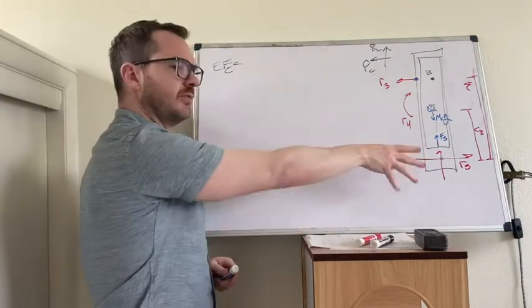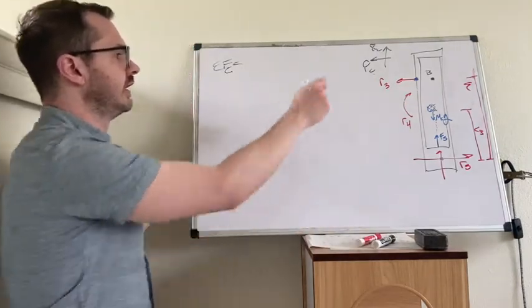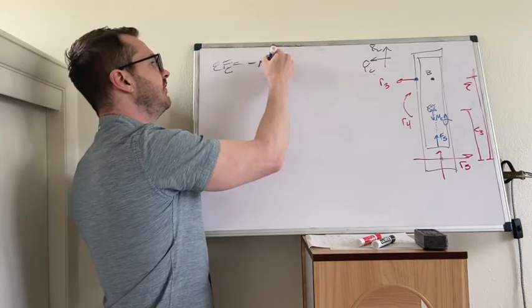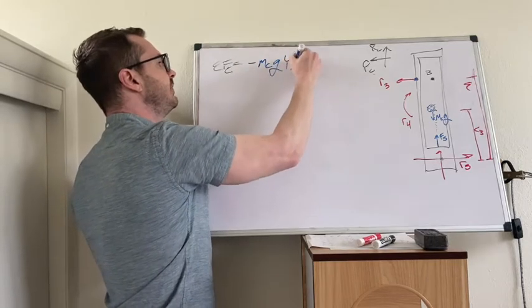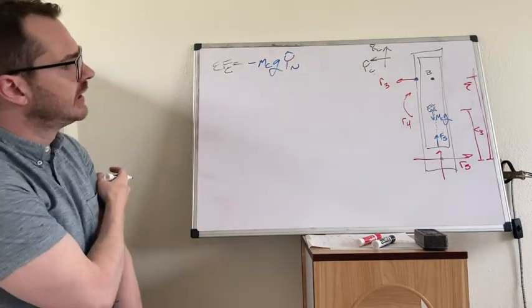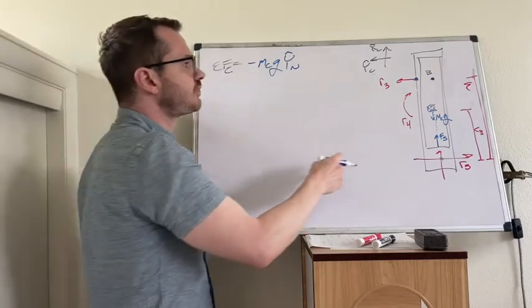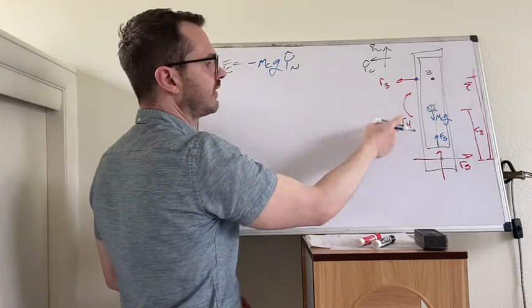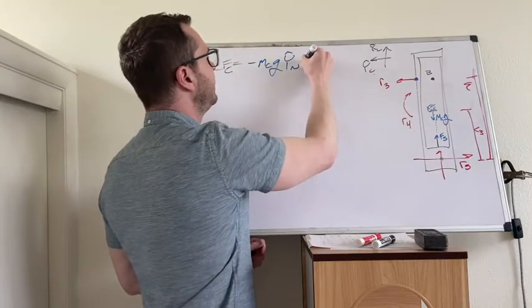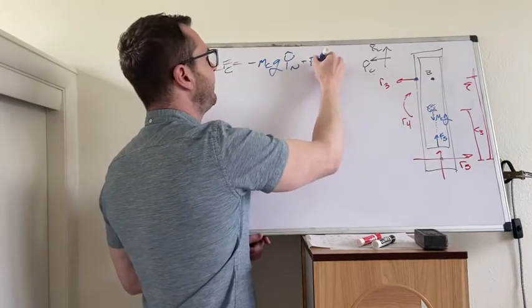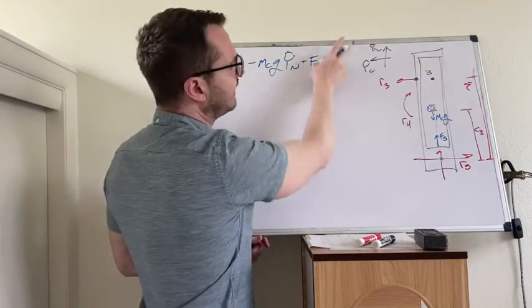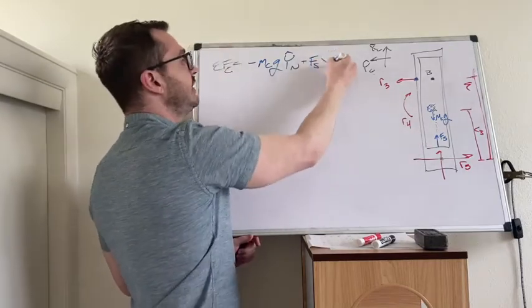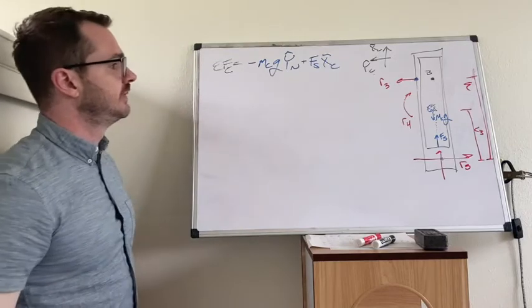So for sum of forces, remember, we're just going to take these and bring them over. We can start with gravity, minus mcg in the y hat direction. Next, let's do the spring force. So spring force now is pointed up, plus Fs, and this is acting in the yc direction.